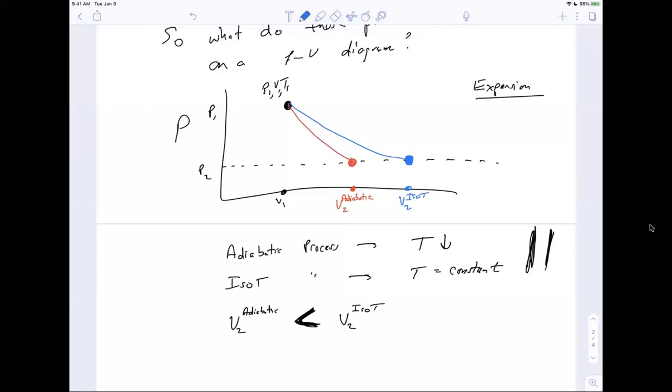Because why? Both of these curves have the same delta y. The easy way to think about this is slope is equal to delta y over delta x. Both of these have the same delta y. But in one case, delta x is bigger than the other. So the denominator is bigger in one case, and in that case, the slope would be smaller.